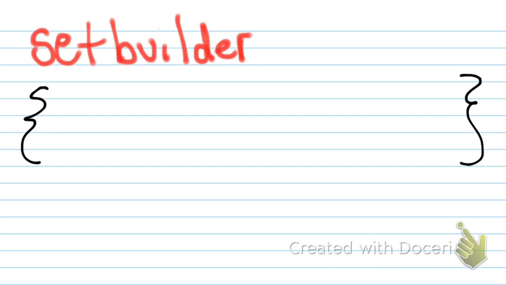It could be any letter that you want. I'm going to use x. x represents an element in that set. And then what we do is we draw a bar, which means such that. And then you have to describe the element using symbols or words.